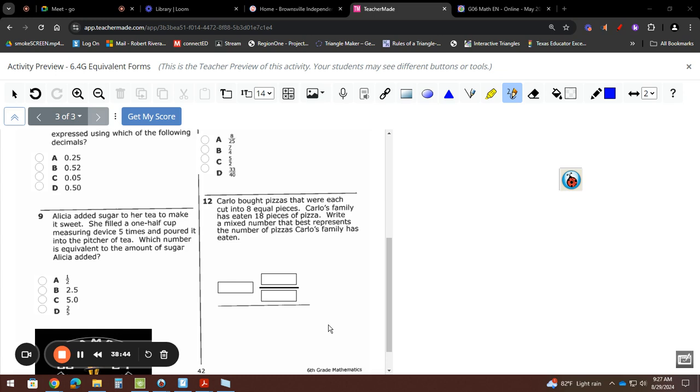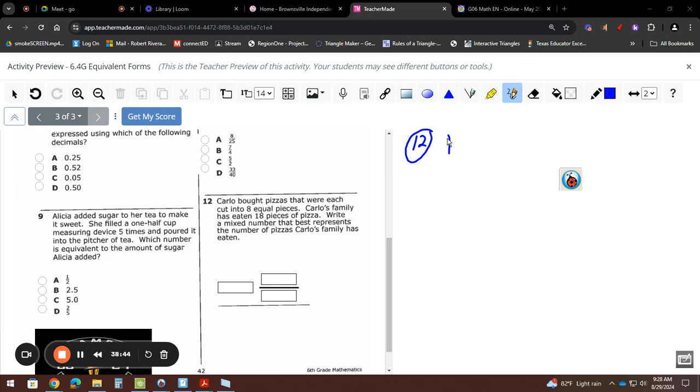Fatima bought some pizzas that were cut into 12 equal parts. Fatima's family ate 18 pieces. Write the mixed number that represents the number of pizzas that Fatima's family ate. Okay. Number 12.